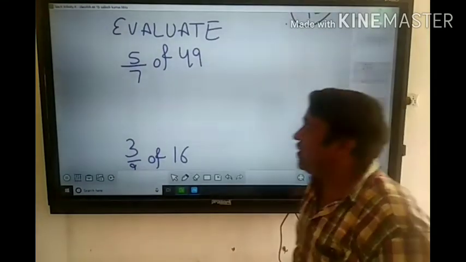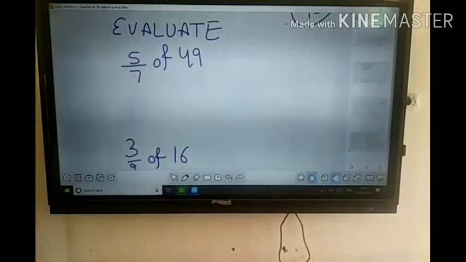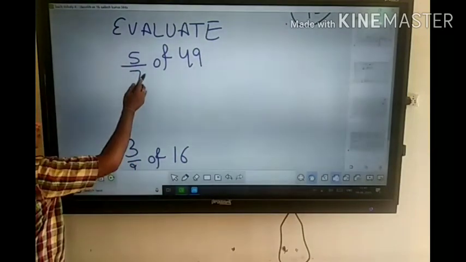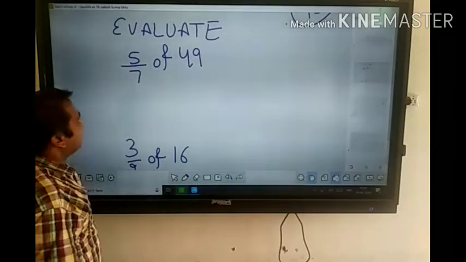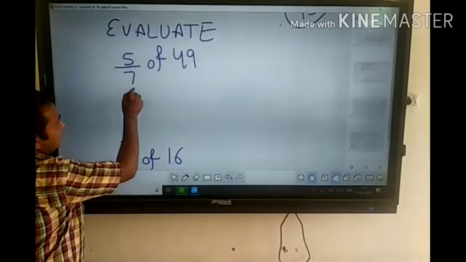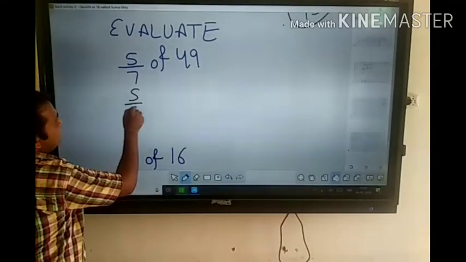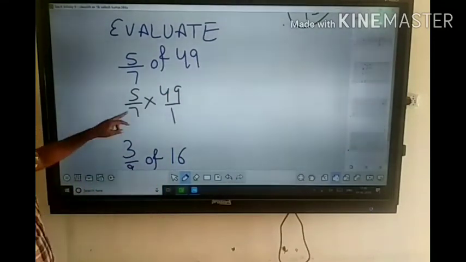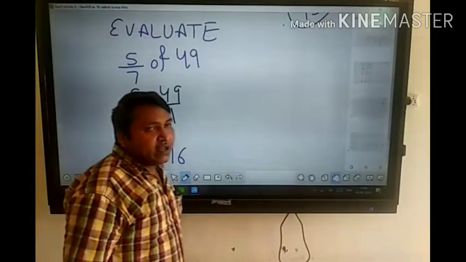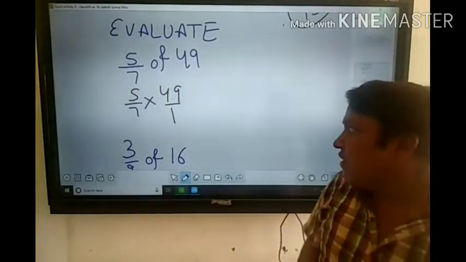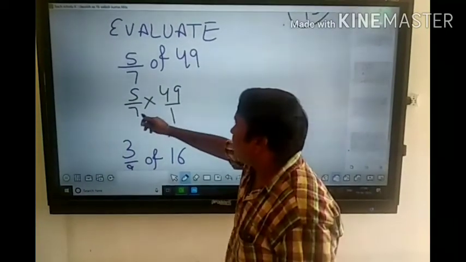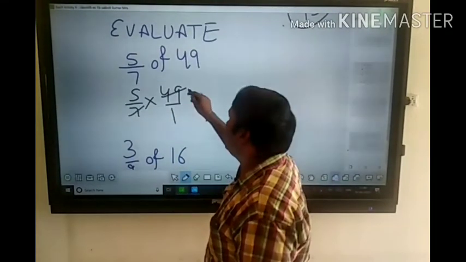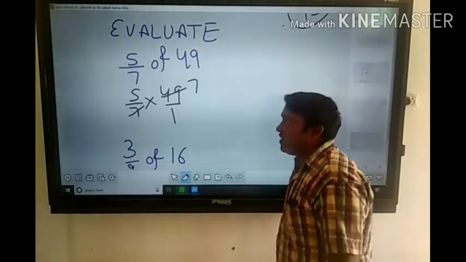Now we have to evaluate the multiplication of fractions. Now we have to find 5 by 7 of 49. So what is the meaning of multiplication? Just like 5 by 7 of 49. Firstly, you will see, is there any common table in the numerator and denominator? Yes, you can see that 7 can divide 49, the table of 7. 7 sevens are 49. Clear?